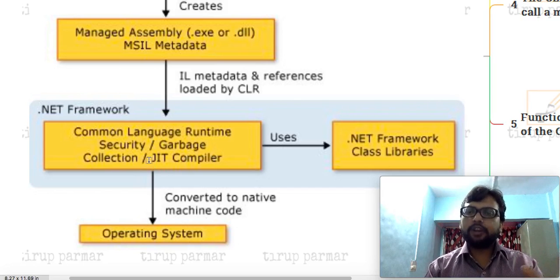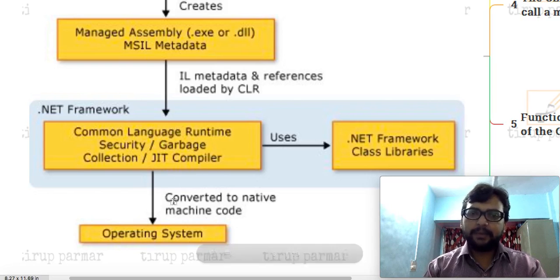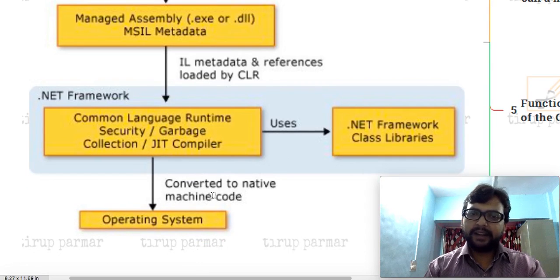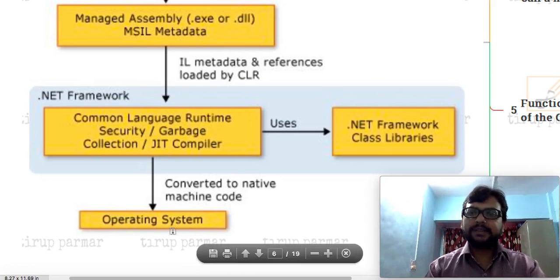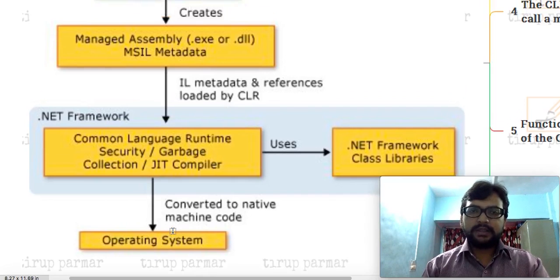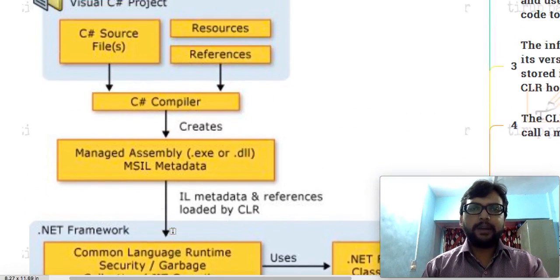The compilation of any particular application should be done within a predefined system time. Now, as you can see, all these things are provided in the .NET framework, and they help you convert that particular thing into our native machine code. After that, on the operating system we can access our output. So this is how we talk about the common language runtime.